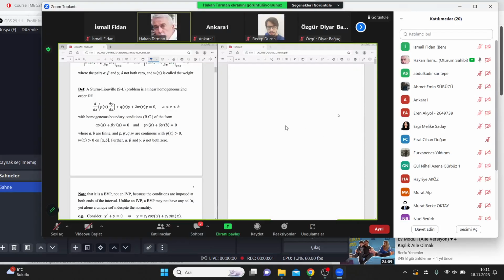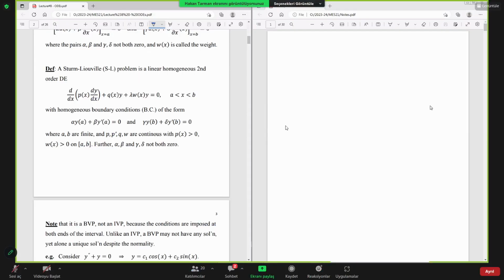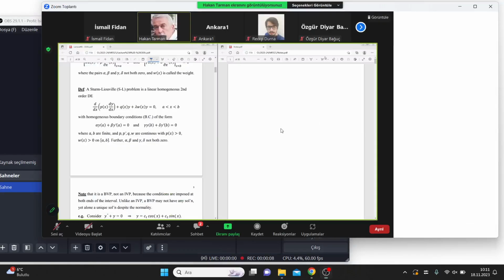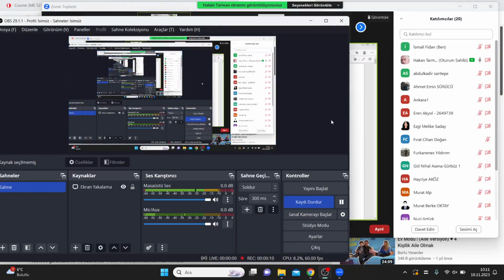Just to refresh your memory from yesterday and the other day, we have a differential eigenproblem, and we are trying to find these eigensolutions.